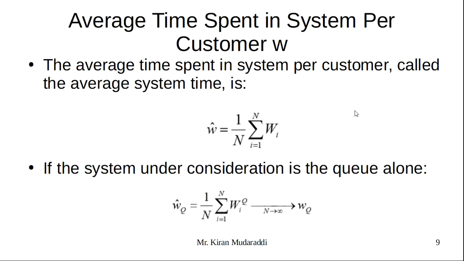Similarly, W we are going to calculate. W stands for the average time spent in a system per customer, and WQ stands for how much each customer waited in a queue.